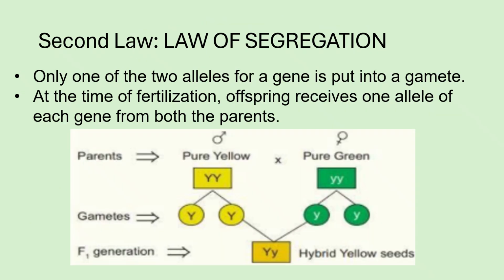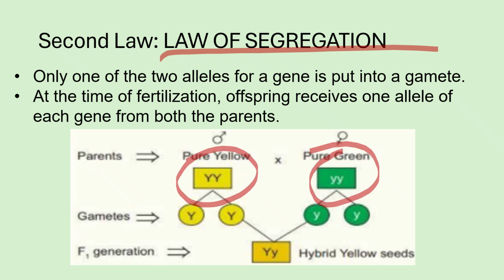Okay. Moving on to the second law of inheritance, this is law of segregation. Law of segregation states that two alleles which were together in an individual separate during the formation of gametes.